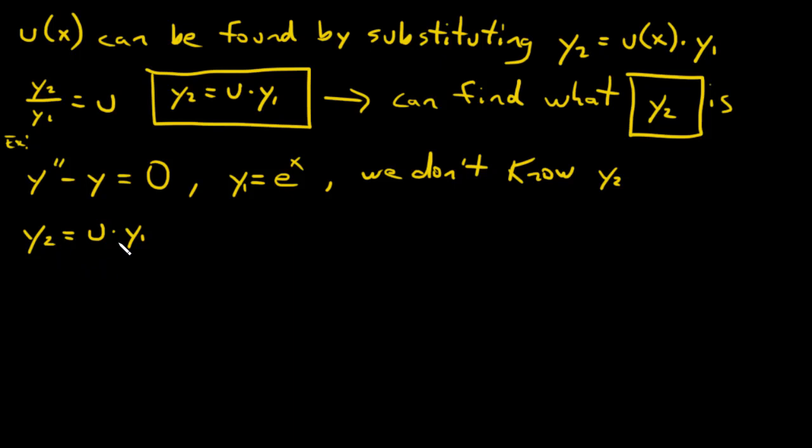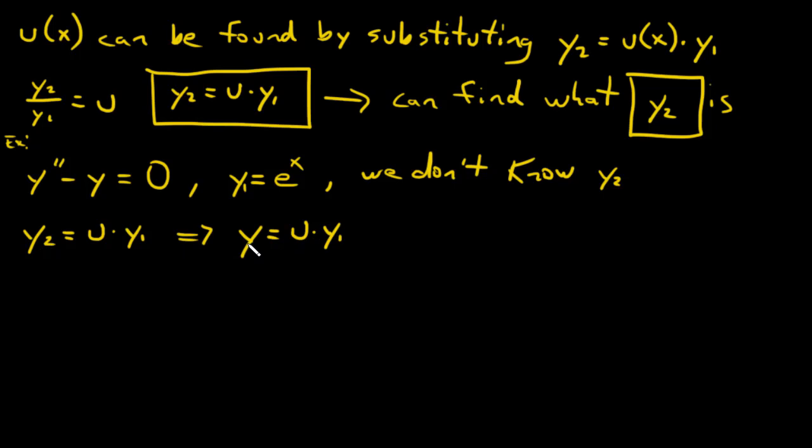If I use this substitution, I'm going to make one change just so I don't have to write y2 a million times. I'm going to call that y is equal to u times y1, because you'll see I would have to write it many times. So my goal is now to figure out what y is. That's my y2.